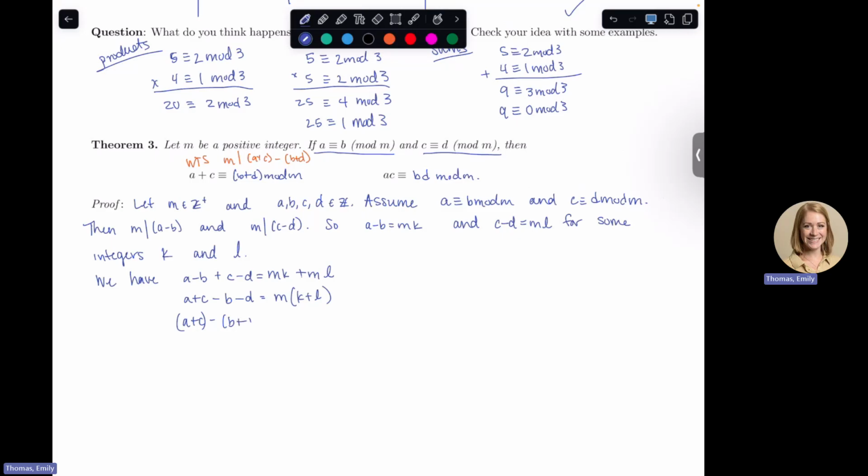But then I can throw in some parentheses. Since K plus L is an integer, M divides A plus C minus B plus D. And we have A plus C is congruent to B plus D mod M.